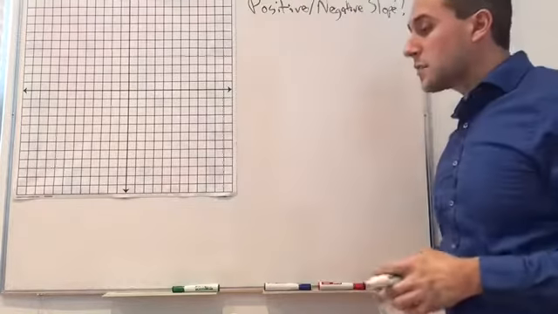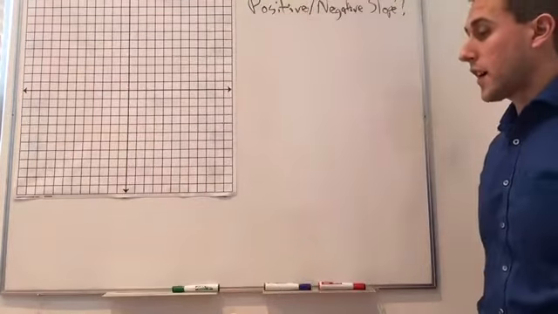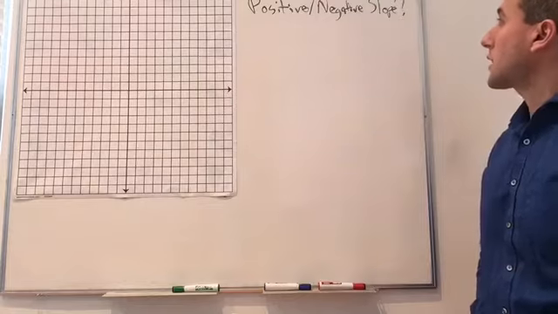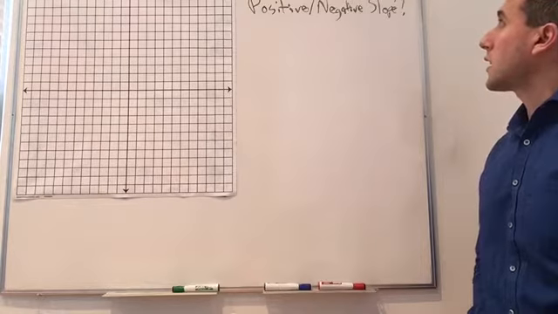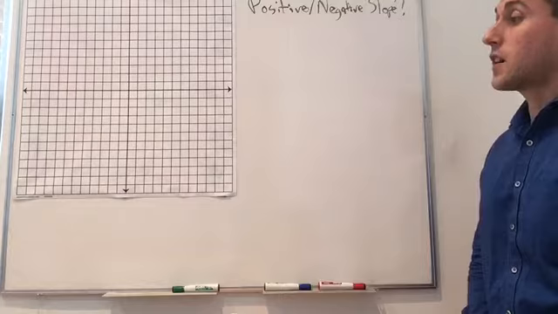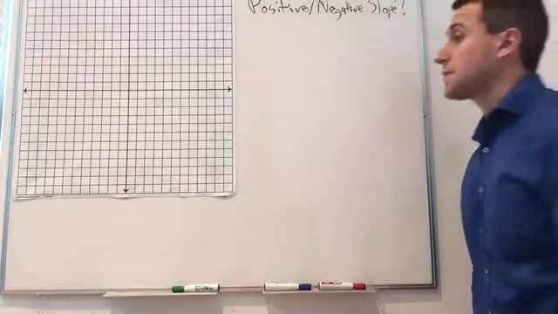And you can eliminate the ones that are not. If you have a positive line, you want to eliminate everything that has a negative slope, right?